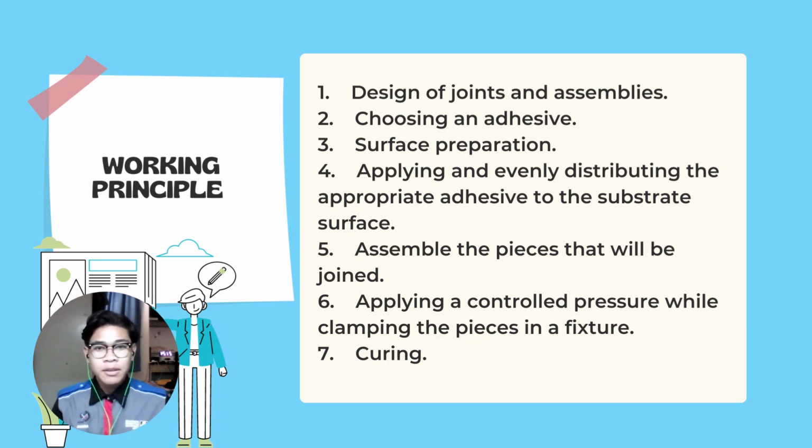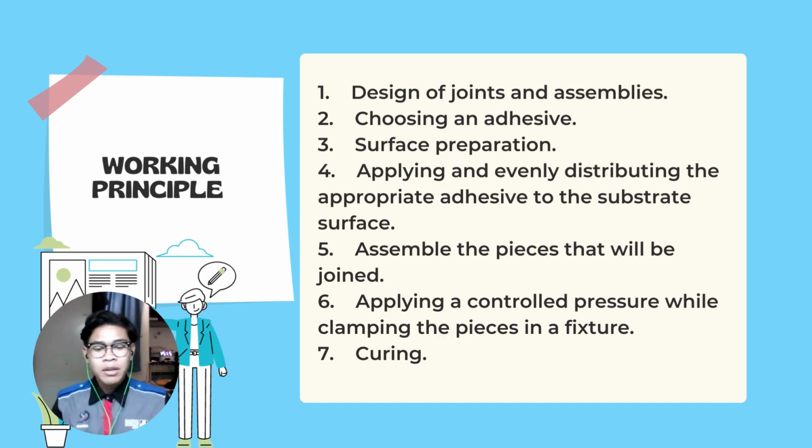Third, surface preparation. Before abrading, the substrate surfaces need to be cleared of debris and oil. Strong adherence is the consequence of the glue being properly wetted by a clean, rough surface. Fourth, applying and evenly distributing the appropriate adhesive to the substrate surface. The process can be carried out manually or with the help of a dispensing device.